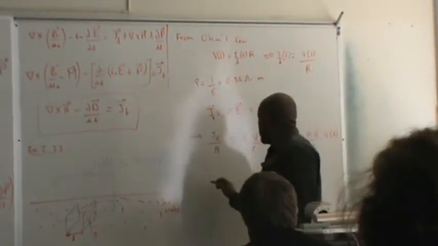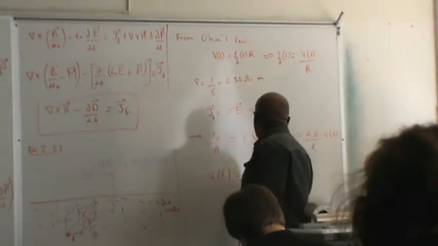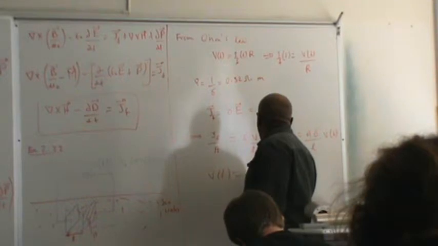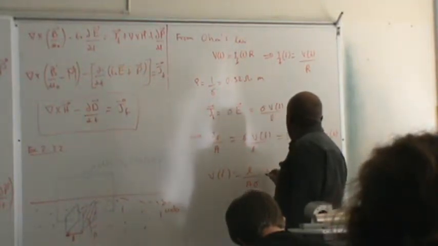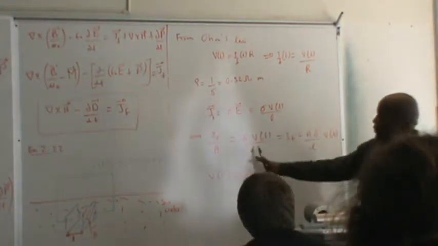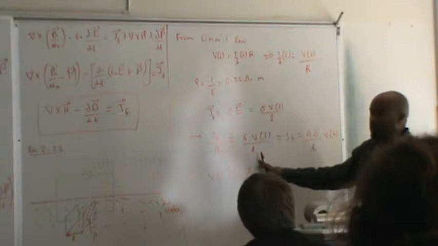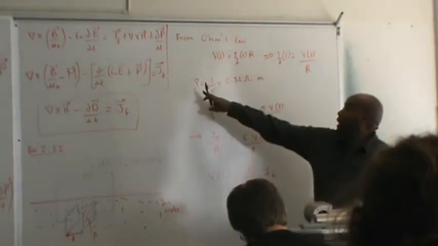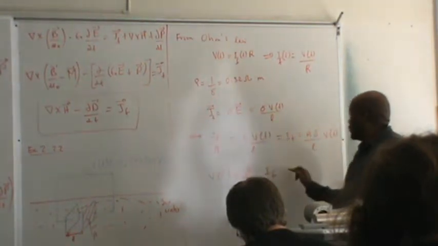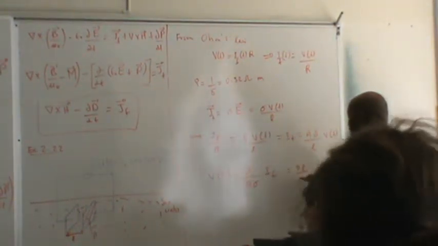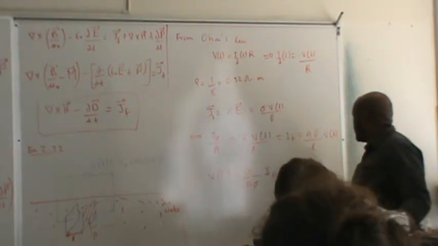If you write this one as V of t equals L over A sigma times I free, this should be the resistance. So 1 over sigma is the resistivity rho. So this is going to be rho L over A times I free.